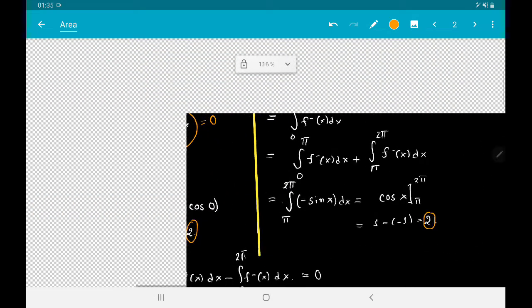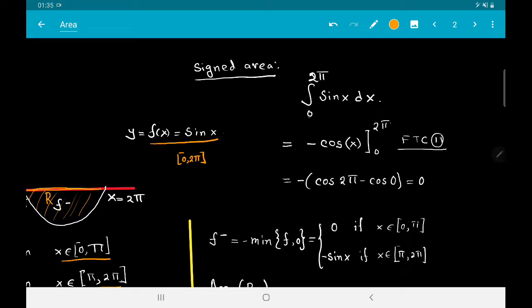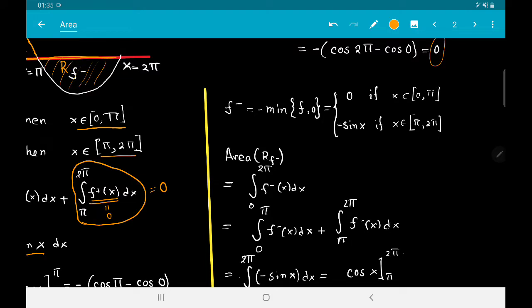This explains why the total integral from 0 to 2 pi of sine x is equal to 0, because after all it is equal to the integral from 0 to 2 pi of f plus of x dx minus the integral from 0 to 2 pi of f minus of x dx, and this is equal to 2 minus 2, which is equal to 0, which we have calculated in a completely different way.